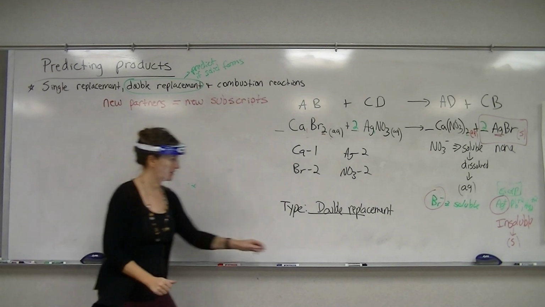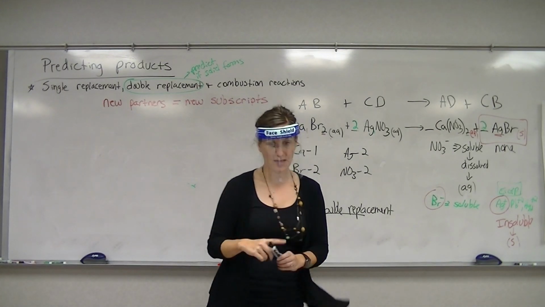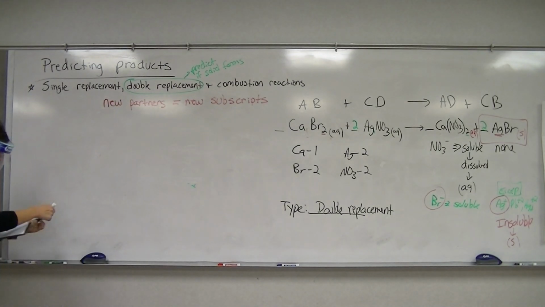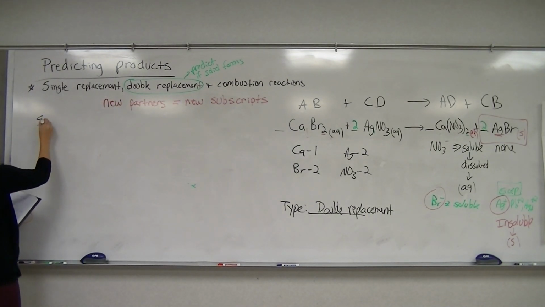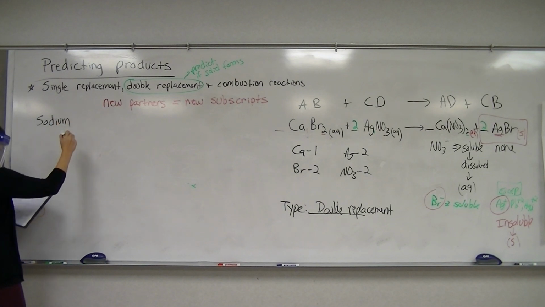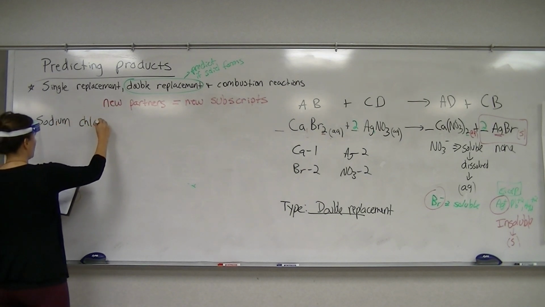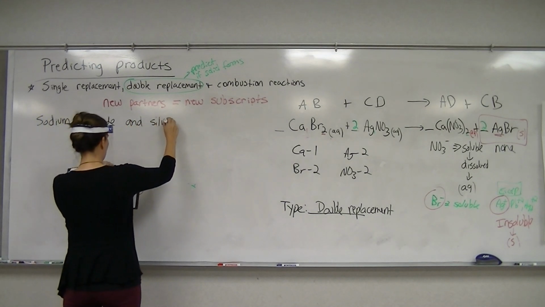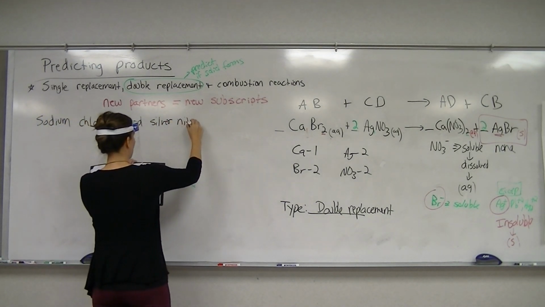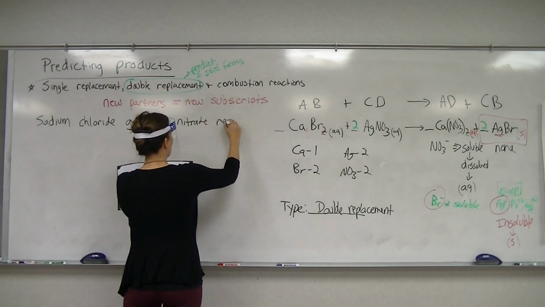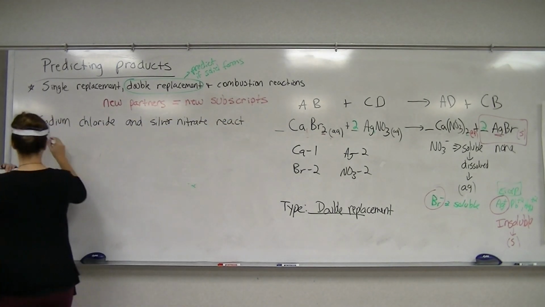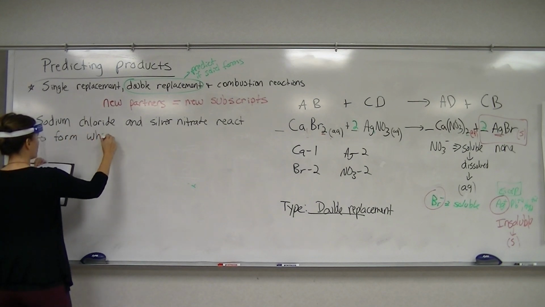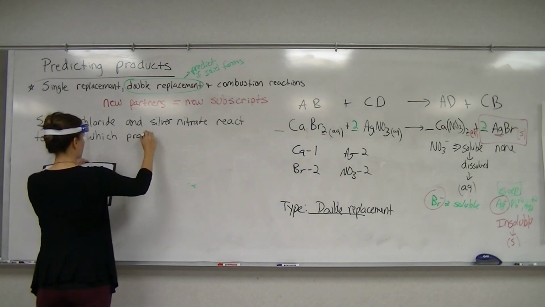Right, now I'm going to write a word problem out that we're going to predict products on, because I know one of your homework does it in a word problem form, so I want you to know how to work something like that. So if we had sodium chloride and silver nitrate react to form which products?